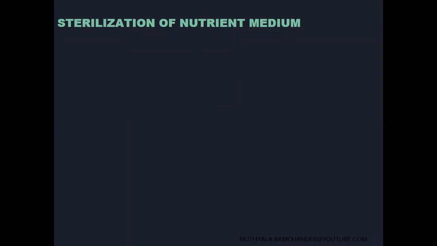If any microorganisms are present, the nutrient medium is easily contaminated. If contaminated nutrient medium is used in the tissue culture procedure, it gives bad results. So before inoculation, the nutrient medium must be treated with sterilization procedures. By sterilization, microorganisms are eliminated from the nutrient medium.